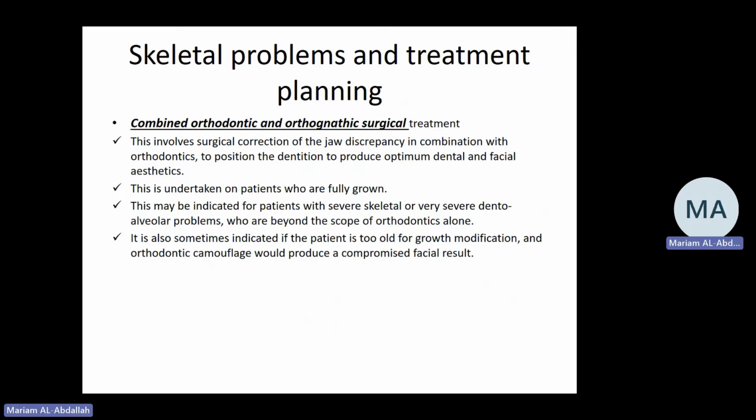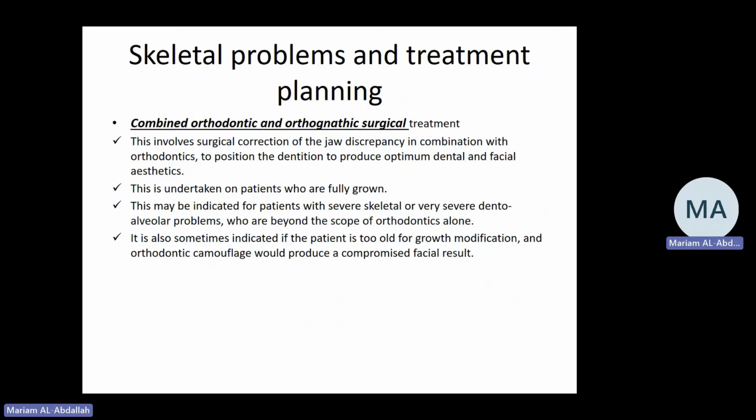Combined orthodontic and orthognathic surgery is mainly for patients with severe skeletal discrepancy in the anterior posterior, vertical, or transverse dimensions. And of course, most importantly, not only to have severe skeletal discrepancy, but also to have a patient who is concerned, aware of the problem, and demanding correction of such discrepancy.